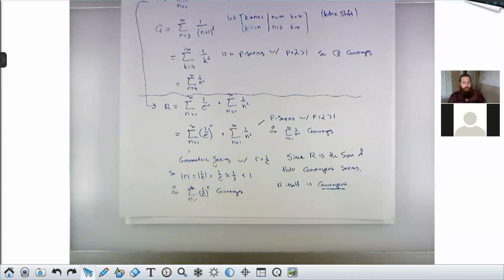Well, remember the rule for geometric series. So our memories need to be sharp. A geometric series will converge if and only if the common ratio has absolute value less than 1. So here, this piece of r, which is geometric, has a common ratio of 1 over e. The absolute value of 1 over e is less than 1.